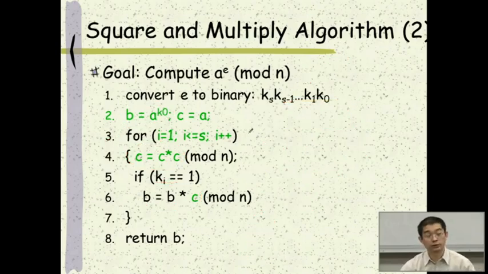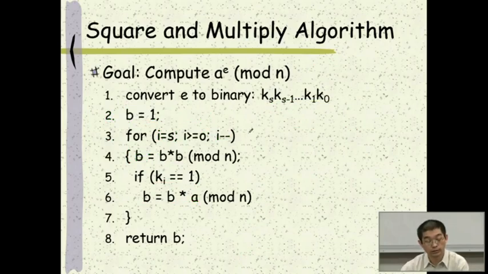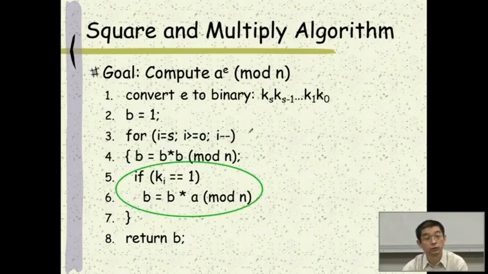So now let's see if there are any potential security vulnerabilities in such an implementation. One important thing we observe here is that this particular operation, this block, is going to be executed if and only if the key bit equals 1.